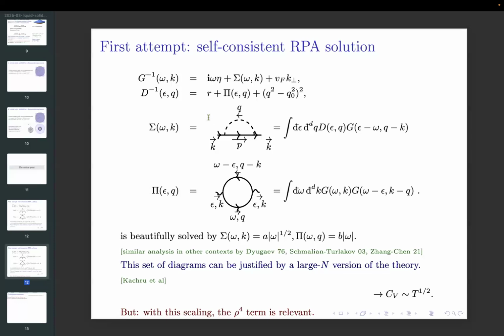Slightly below 4, it's slightly relevant, and so they can control the effects of this relevant operator by expanding around d equals 4 minus epsilon. Then we find a Wilson fixed point, and it works very well, maybe better than it should, as we were discussing yesterday. So we'd like to do something analogous to that.